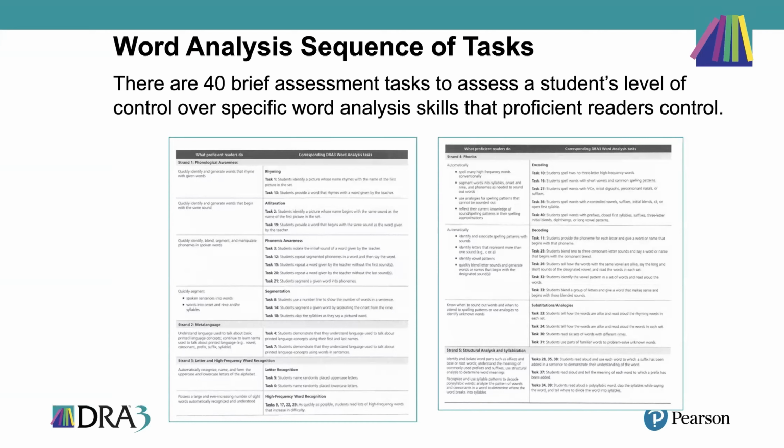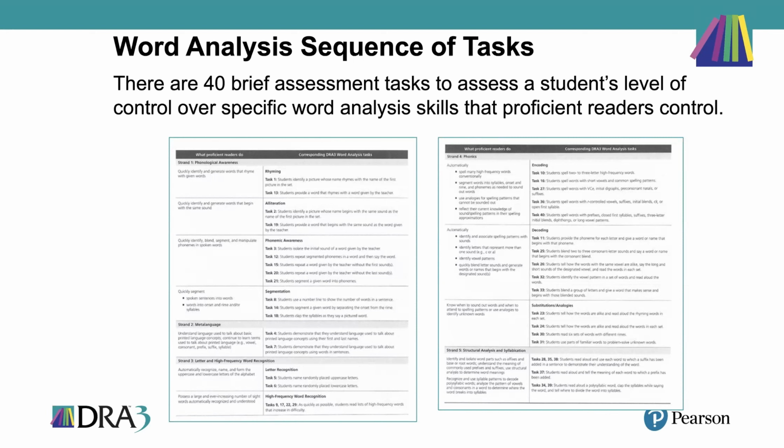Some of the tasks are: in phonological awareness, students are assessed in their ability to identify rhyming words and alliterations and to segment words into parts. In the metalanguage section, students are asked to demonstrate their understanding of language used to talk about basic printed language concepts, such as words, letters, vowels, and consonants.